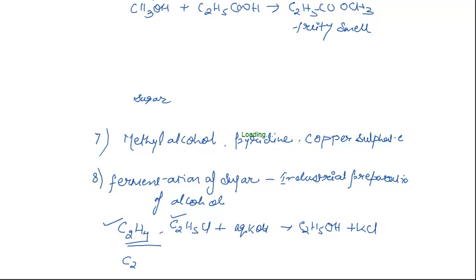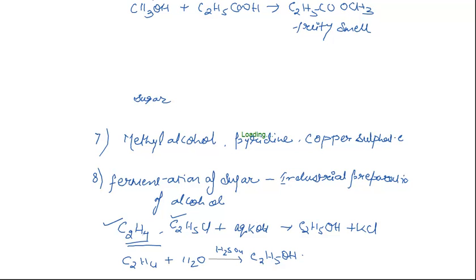If your ethene, that is C2H4, is treated with water in the presence of acid, that is sulfuric acid, H2SO4, what I'll get here is C2H5OH.